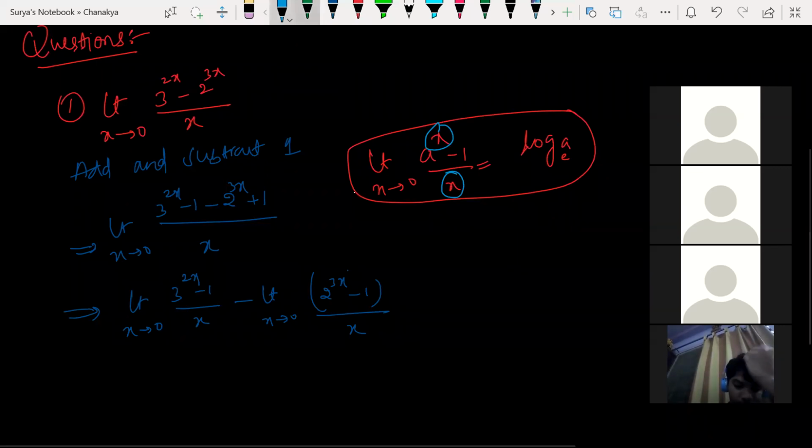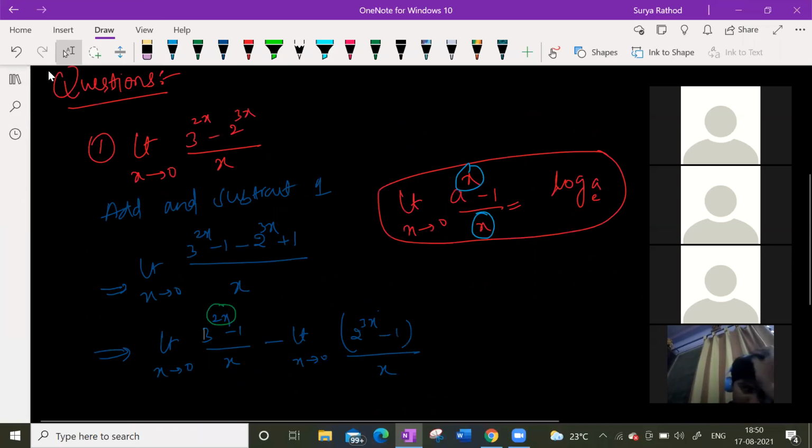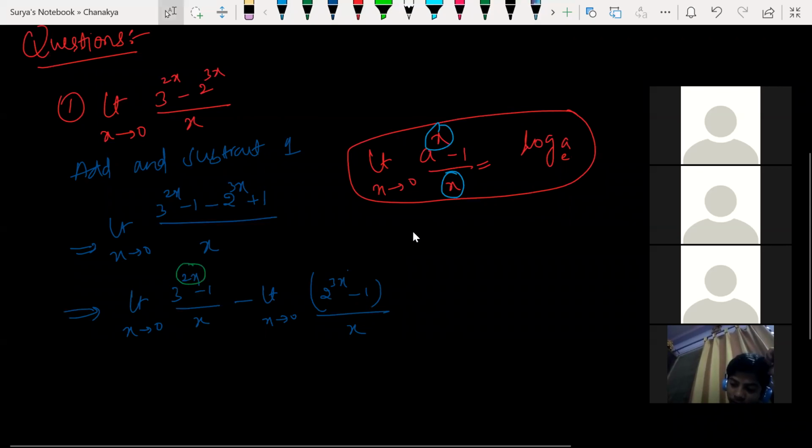But look at this here. Here I have 2x. So limit x, see here, whatever I have in the power, that should be in the denominator. Look at this here.